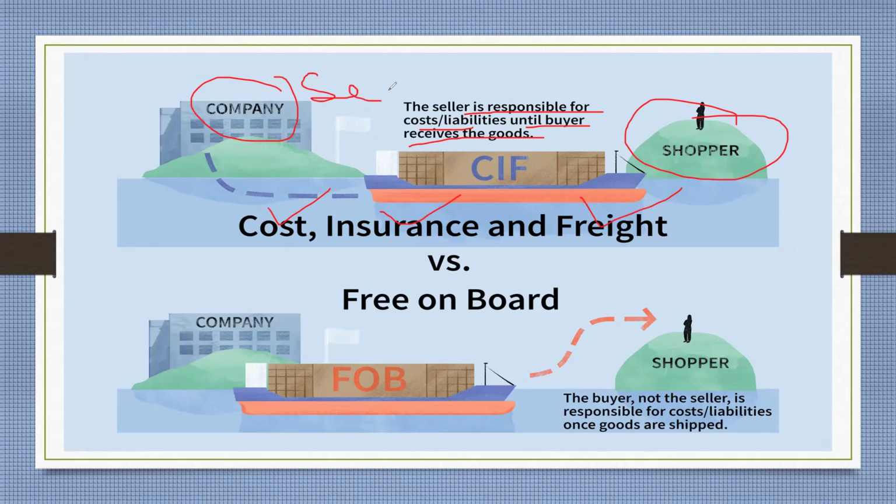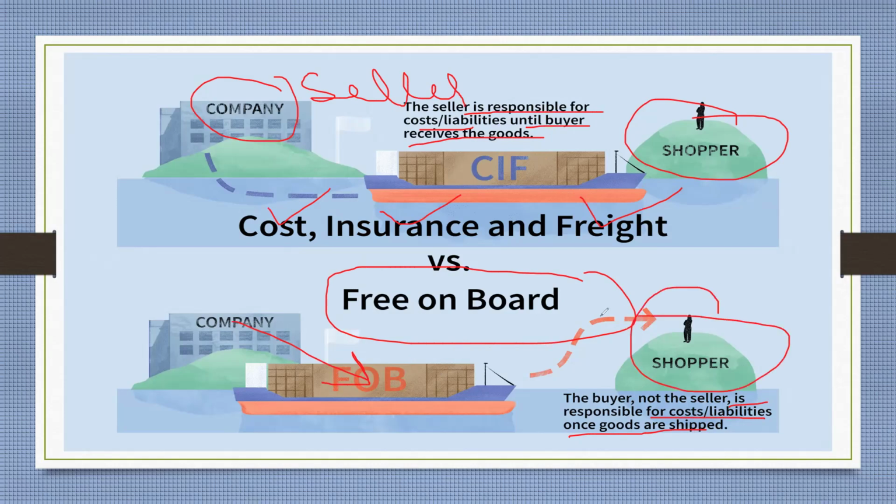If it is free on board, the buyer, not the seller, is responsible for the cost liabilities once goods are shipped. So this company will just ship the goods, and after that, all the risk will be with the buyer. This is the buyer, and this is the seller. So you can remember this for CIF and FOB.